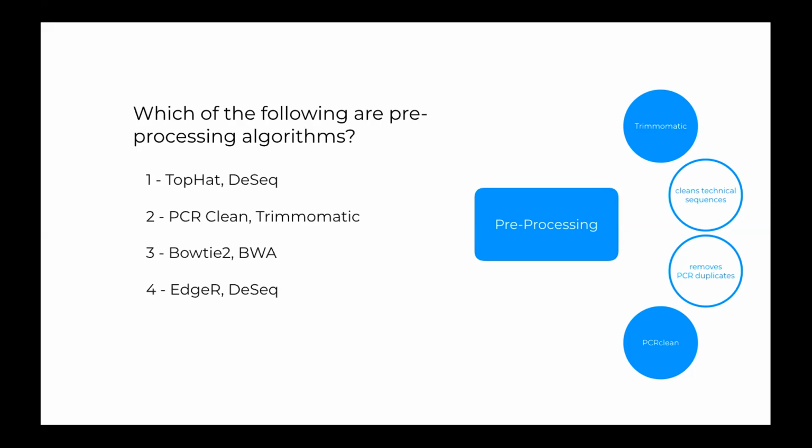Top hat and bow tie are mapping algorithms, making answer choices A and C incorrect. DESeq and edgeR are tools for differential gene expression, not pre-processing. So that makes answer D also incorrect. So the right answer is 2, PCR clean and trigonometric, as you can see in the image.